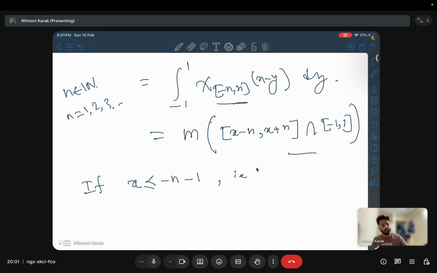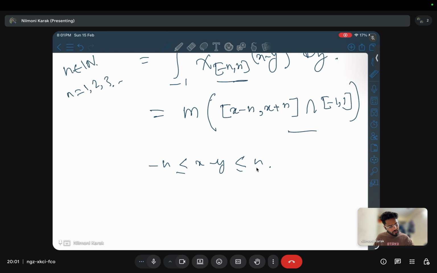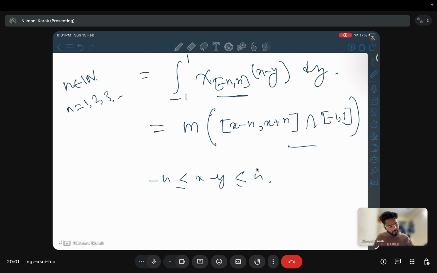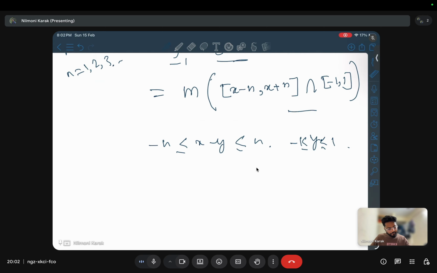See one thing: minus 1 less than or equal to x minus y less than or equal to n, and y lies between minus 1 and 1.